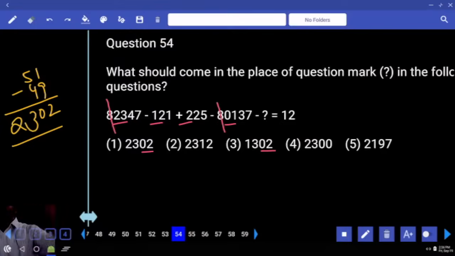Answer: 2302. We concentrated only on place value, last 2 digits, then first 2 digits, leaving the 10,000 place, because 80,000 is there in 2 numbers, 1 positive, 1 negative. By default they cancel. Okay now?